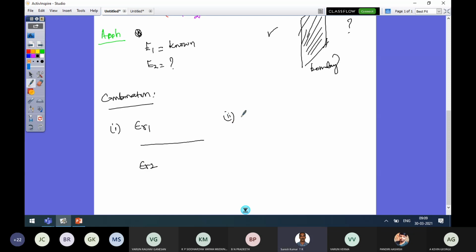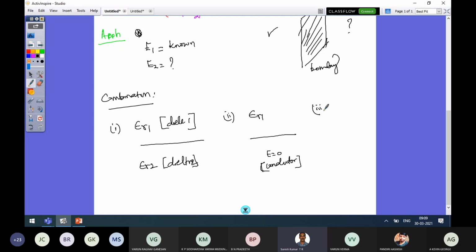In the second case, we will consider a dielectric and a conductor. Let us say medium 1 is a dielectric and medium 2 is a conductor. If medium 2 is a conductor, then you can put the electric field equal to 0. So the problem will be quite easy.